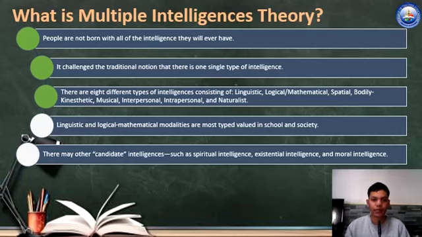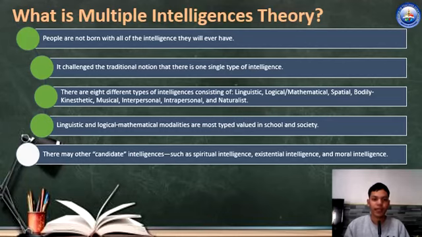To broaden this notion of intelligence, Gardner introduced 8 different types of intelligences: first linguistic, next logical or mathematical, third spatial, fourth bodily-kinesthetic, fifth musical, sixth interpersonal, seventh intrapersonal, and lastly naturalist, which we are going to discuss later on.